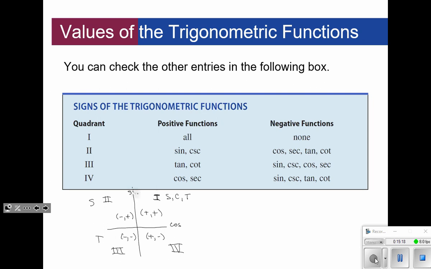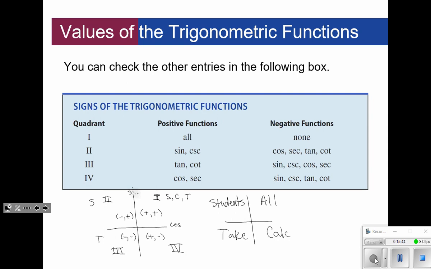Now, here's a little thing to help you remember. All students take calc, and I didn't make that up. But one way to try to remember which trig functions are positive in which quadrant is if you go around counterclockwise here in the direction that we would be going around our unit circle.